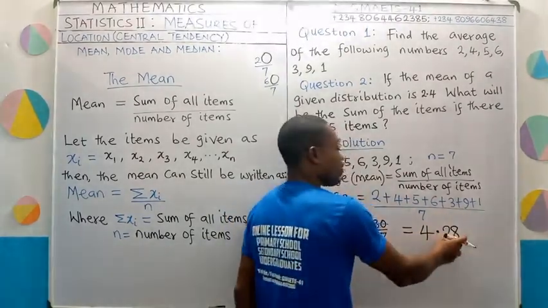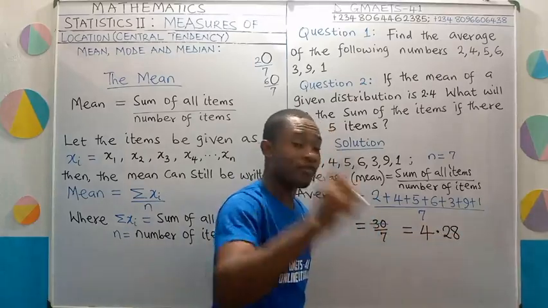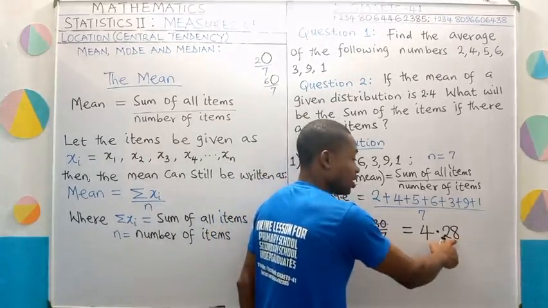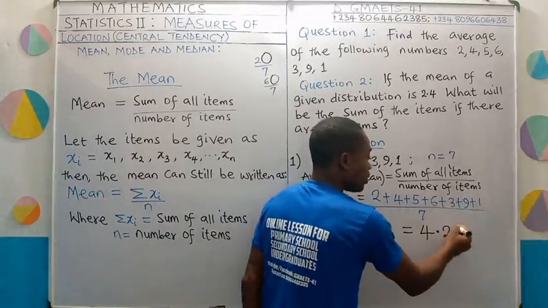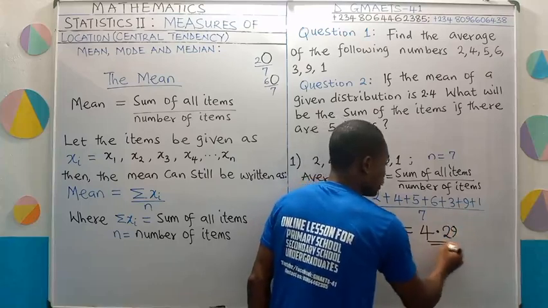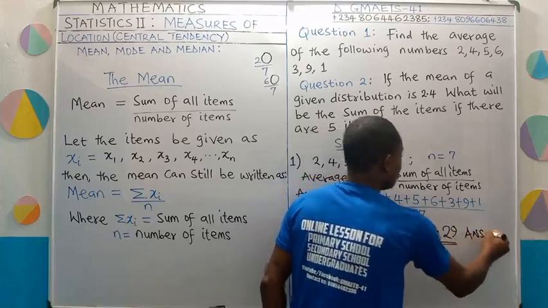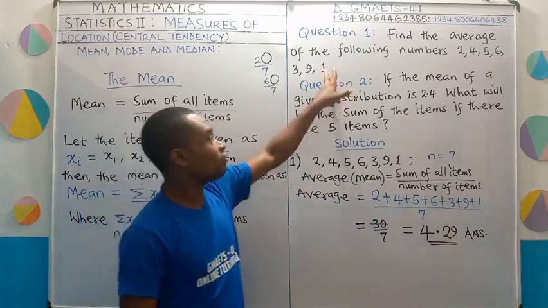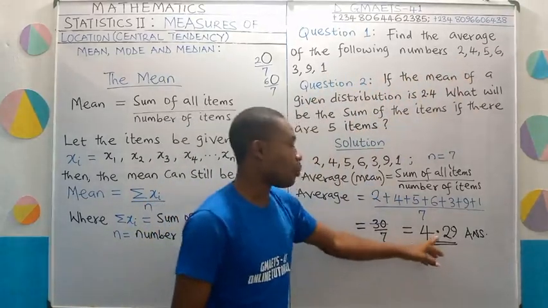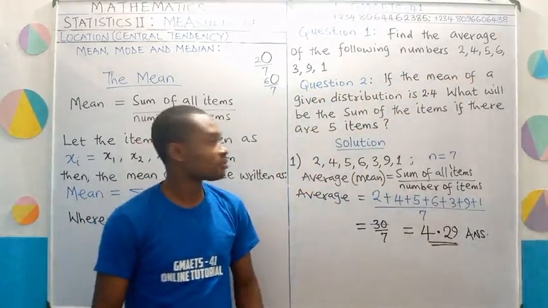If you round up, all you do is remove 1 from that 5 and add it to this 8, you get 9. Then that 5 would reduce to 0. So this is 2 9, and this is my answer. So the average, the mean of these numbers, is 4.29.